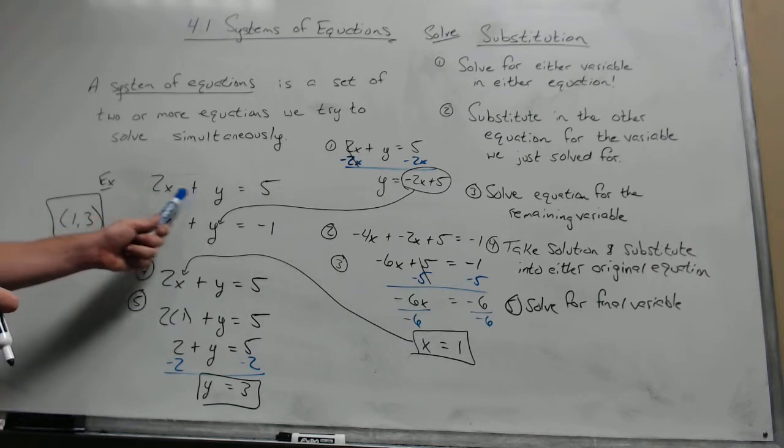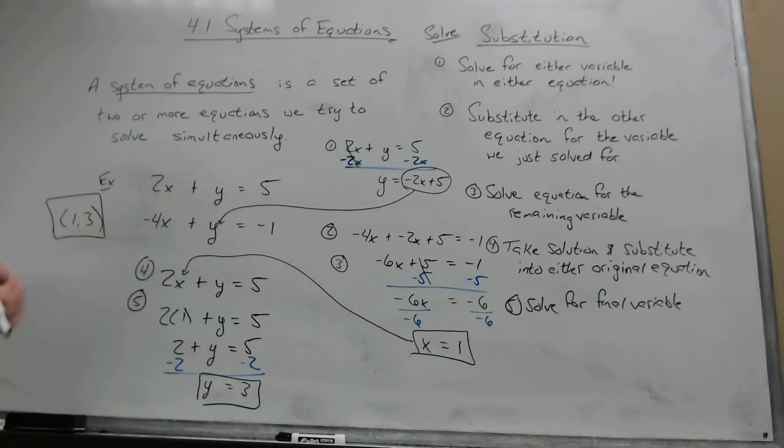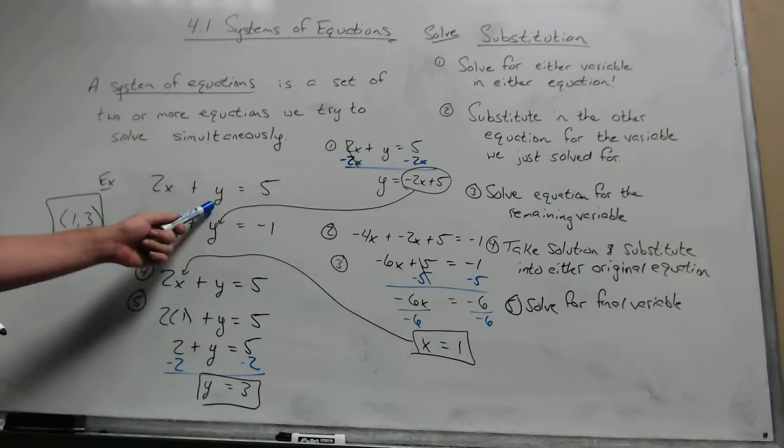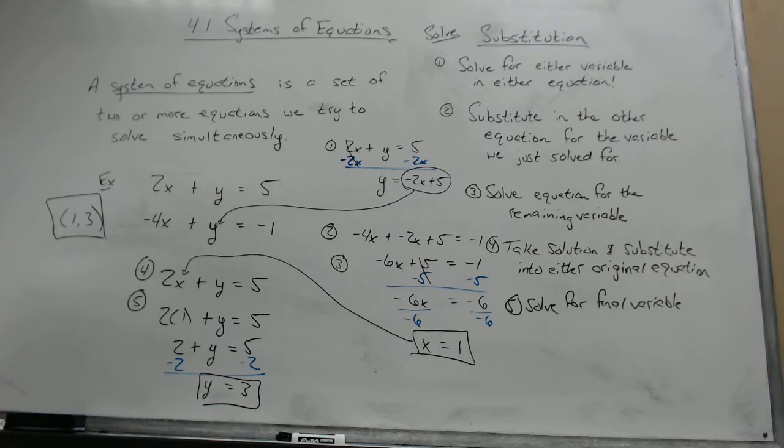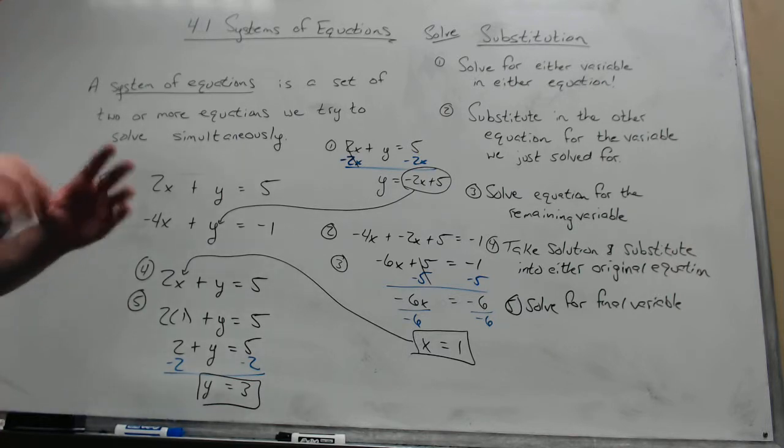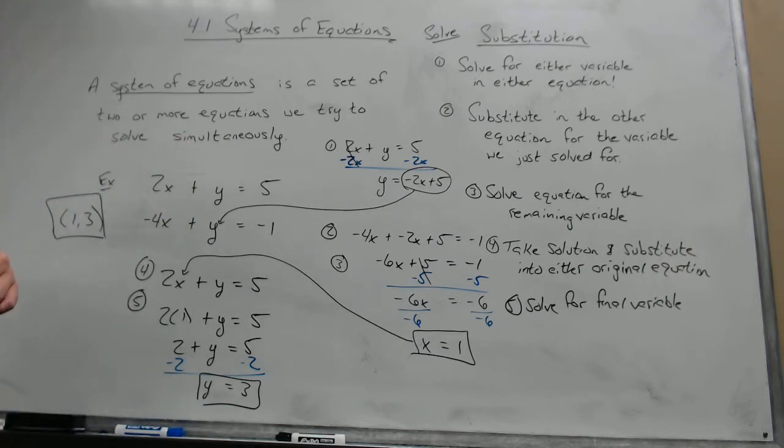If I've got coefficients on all of these that are not 1, the substitution method probably isn't the best route to go. But as soon as I see an individual variable like this, I might think substitution will be the best. In our next video, we'll take a look at the other algebraic approach that works in a more broad range of situations.